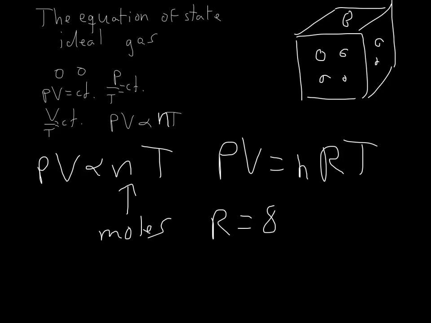R is 8.31 joules Kelvin to the minus 1 mole to the minus 1. And that's pretty much it. This is the equation of state of an ideal gas. If you know this equation, you can make any prediction you want about an ideal gas as long as you have 2 pieces of information out of the 3.